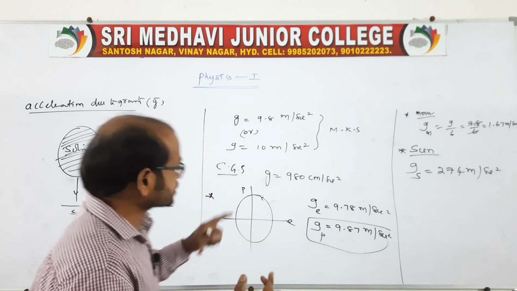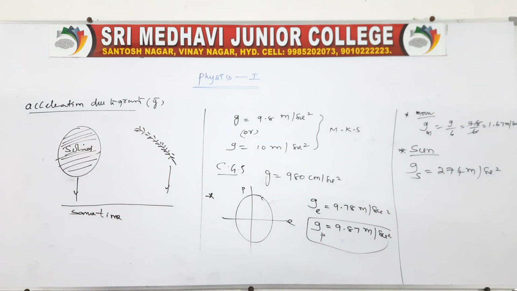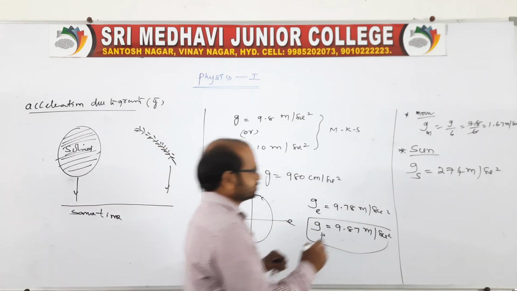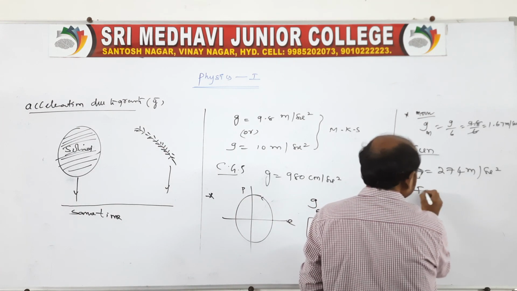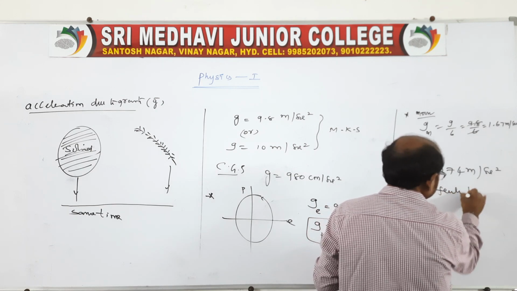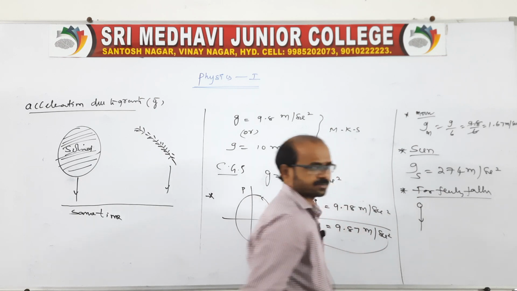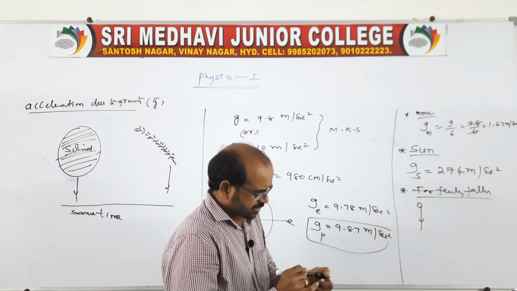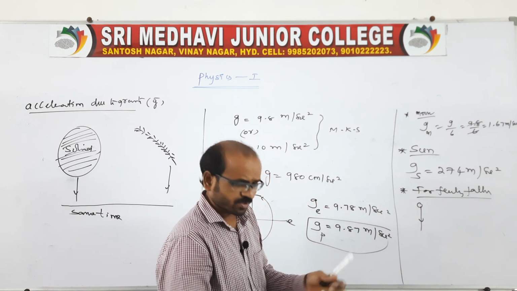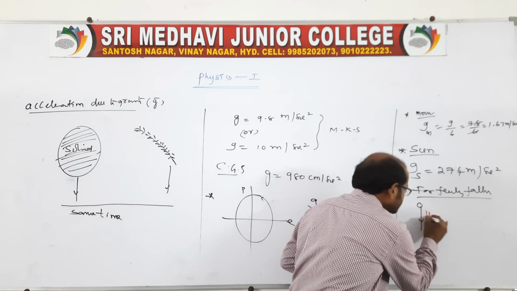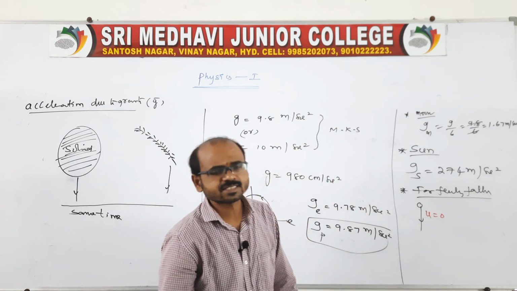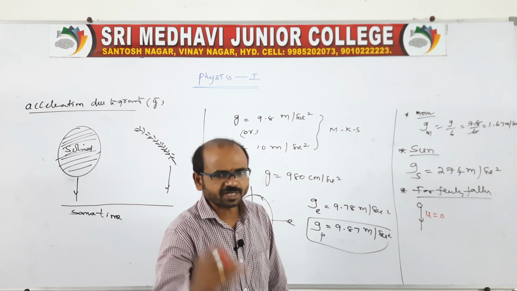So the acceleration due to gravity is nothing but that of a freely falling body, which always acts towards the earth center. Suppose for freely falling, you remember everyone, it is very, very important. For freely falling we can always take the initial velocity u equal to 0.